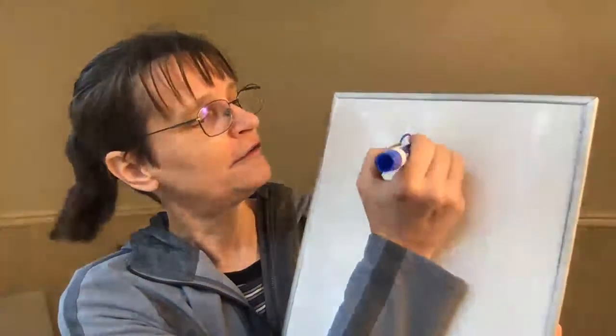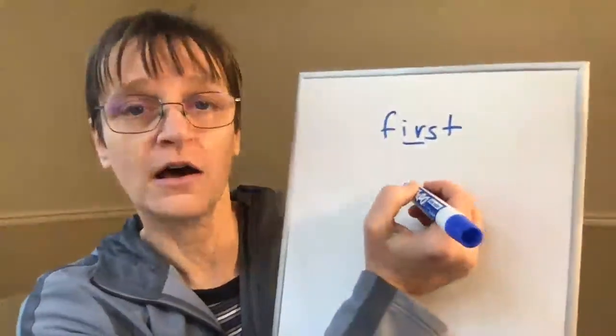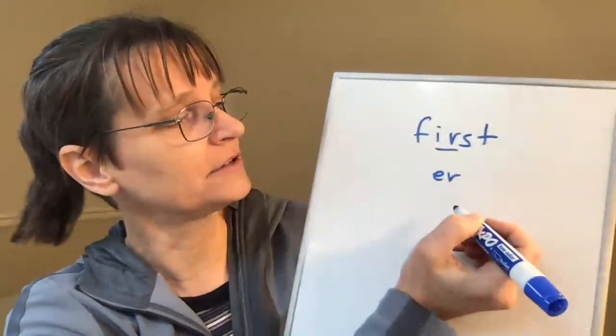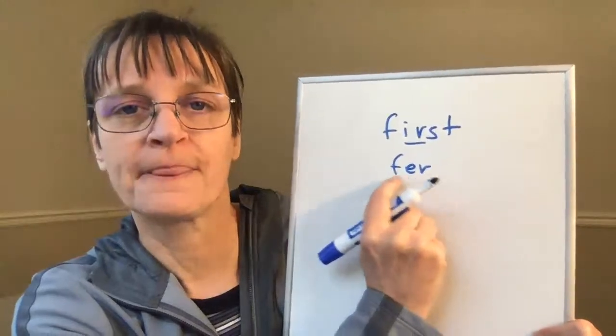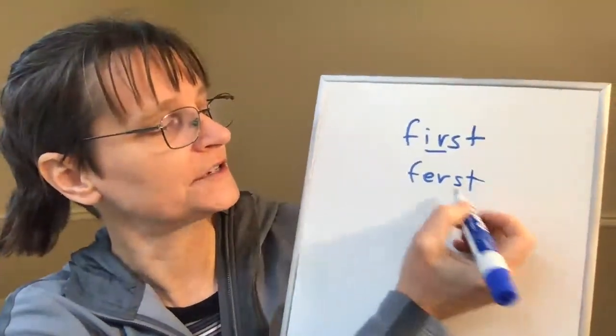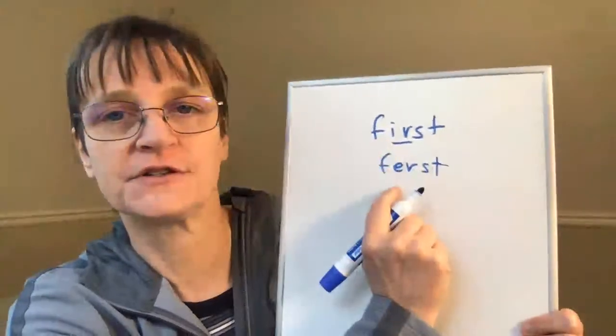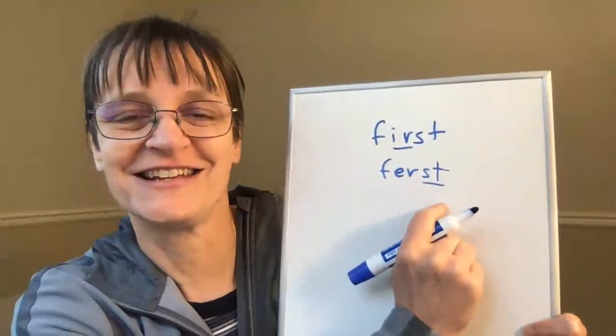And then lastly, you requested the word first. Again, we have the IR spelling and the ER sound. So again, I'd build it from the I'd say fur, first, first. If it helps you to do firsts and then first, you can do that. Be careful not to let that T drop off.